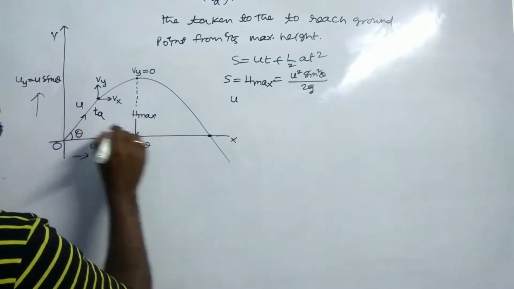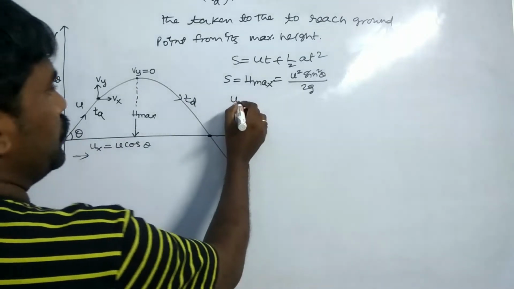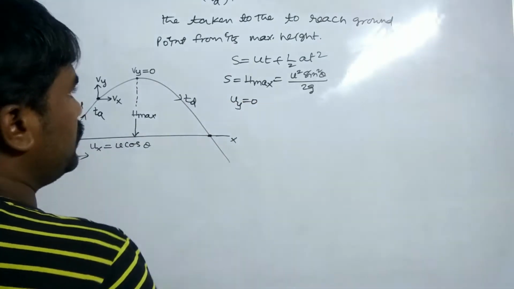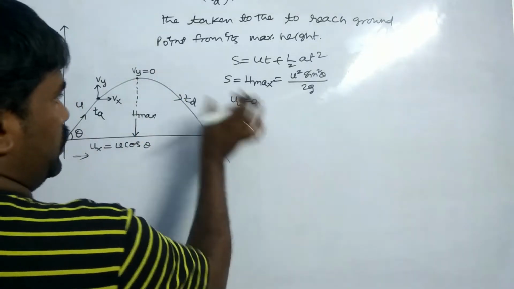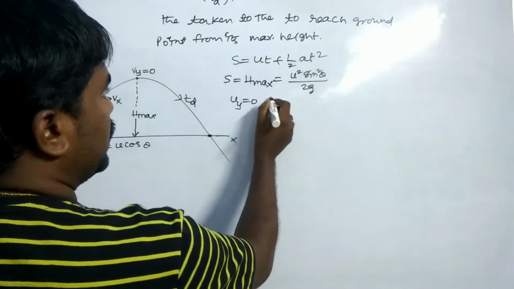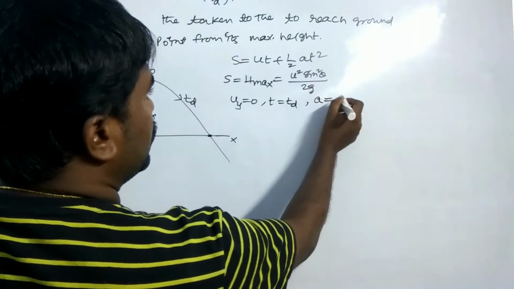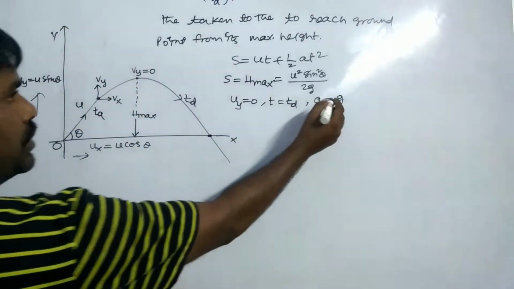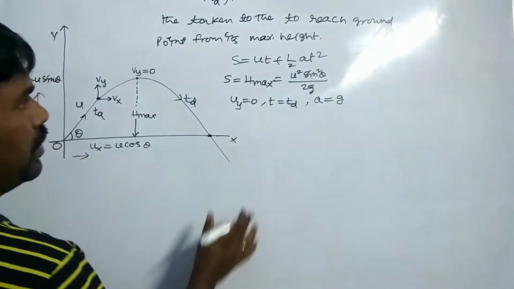Here this is the TA, and already you found that this is the TD. And u, that is uy, is equal to 0 here, the initial velocity of the projectile, and t is equal to TD, and a is equal to g, because g acts in the downward direction. So let's substitute all the values here.